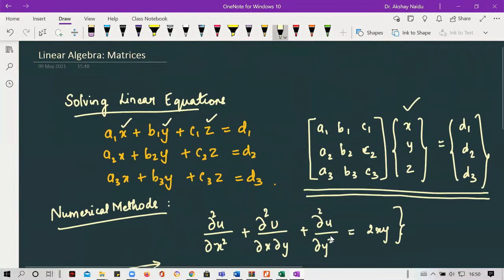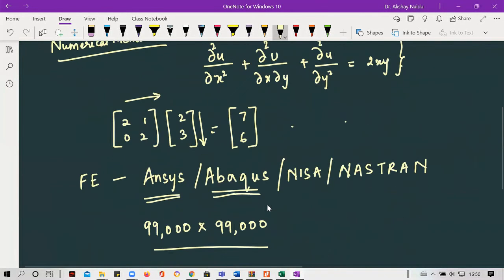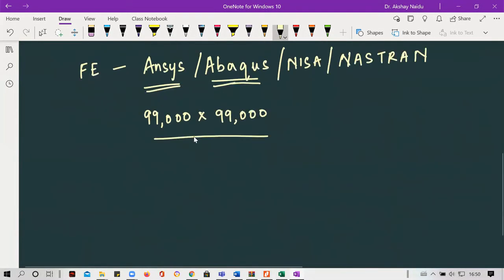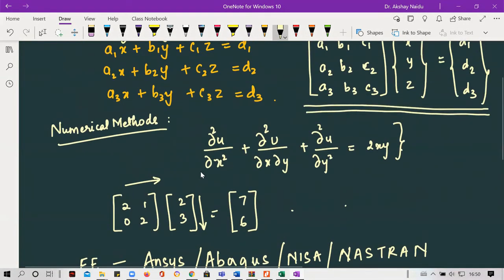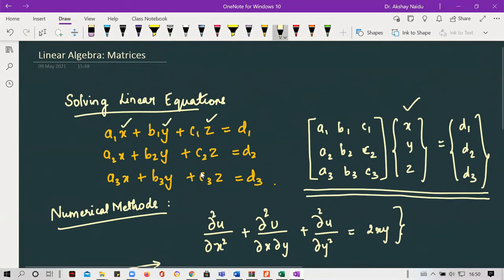Whenever you have a differential equation, you can convert it this way and solve. In my master's, my whole master's project was to do matrix solving only, and I had to write code, programming, using a programming language. I had to solve a matrix problem only.